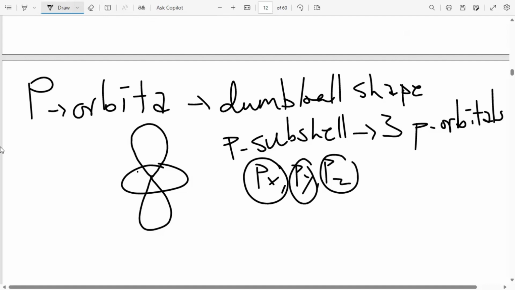And each one of these, the px, the py, and the pz, can carry a maximum of two electrons. So we're going to have two electrons here, two electrons there, and also two electrons there. And this is going to give us a cumulative number of how many electrons? Of 6 electrons in the p subshell.